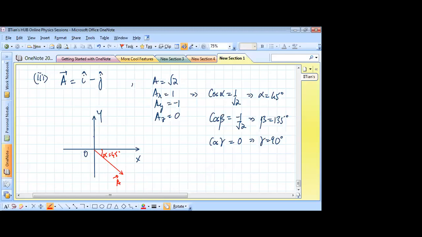So that will be this angle, from the positive y-axis. It's 135 degrees. And gamma is 90 because it is in the xy plane.